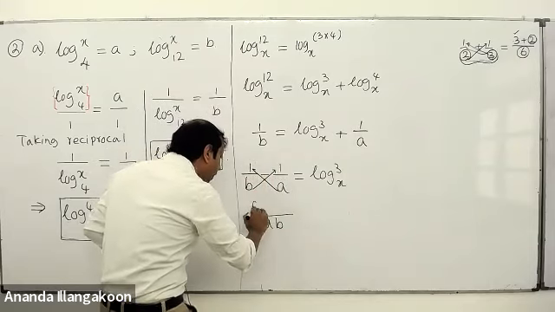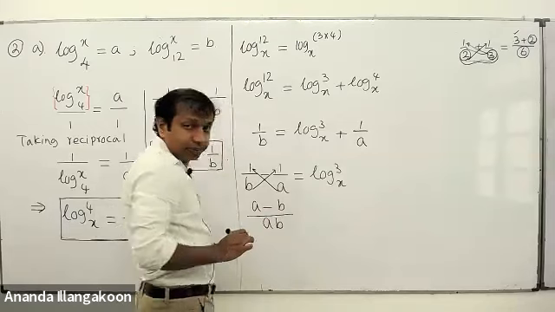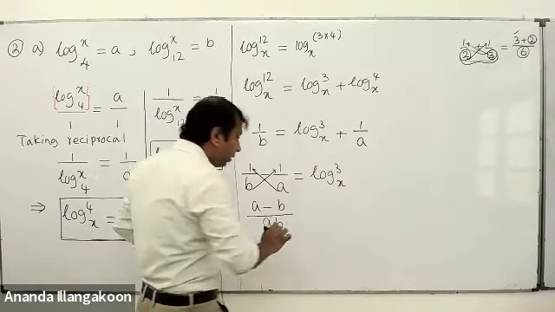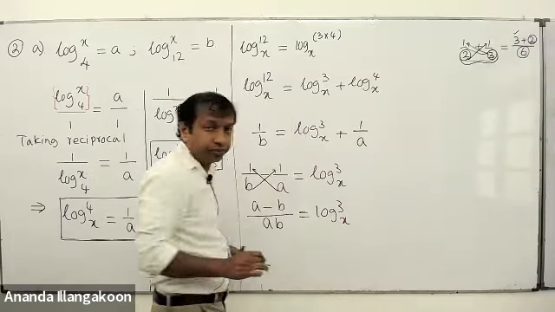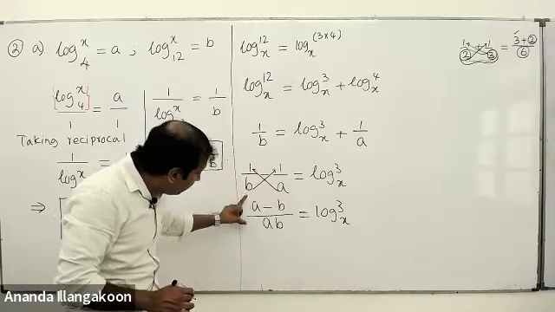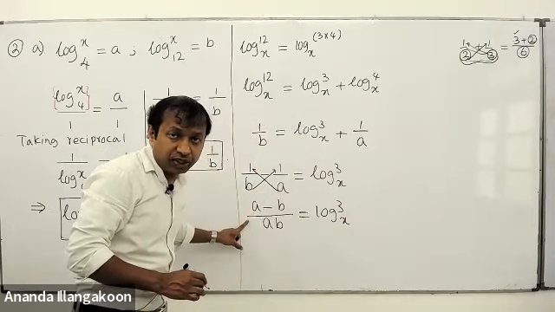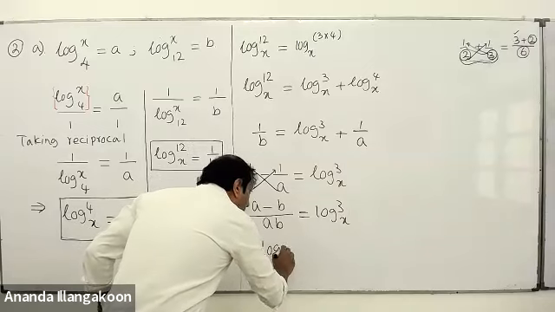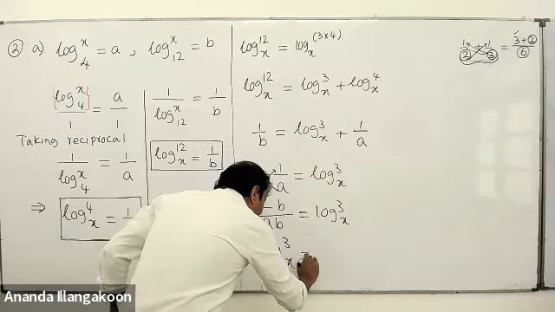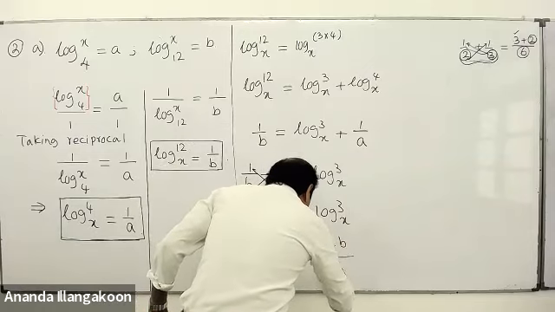A into 1 means A, minus B into 1 means B. This is how we simplify that. Now we get here log 3 to the base 6. Now this equals this. So therefore we can write log 3 to the base 6 is equal to A minus B divided by AB.